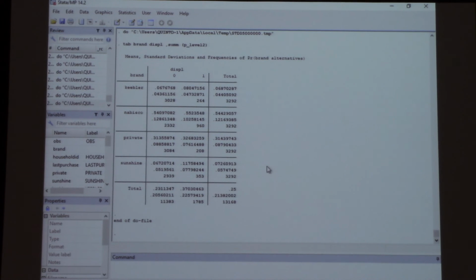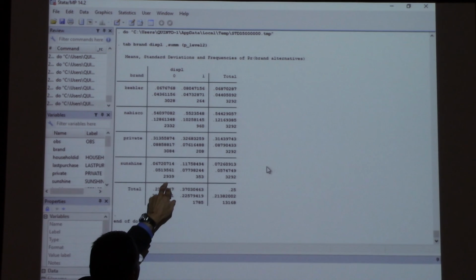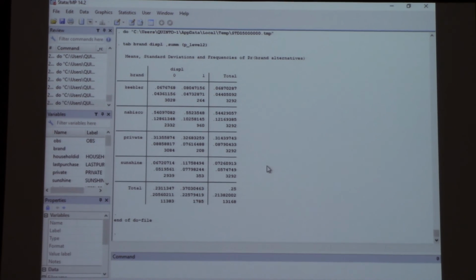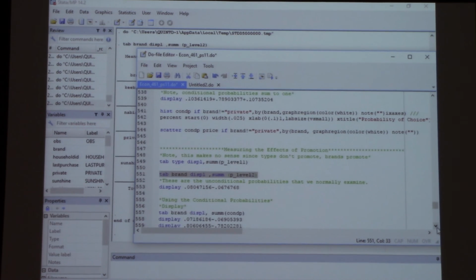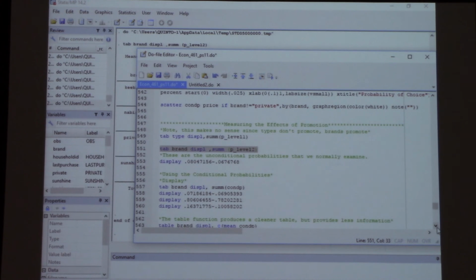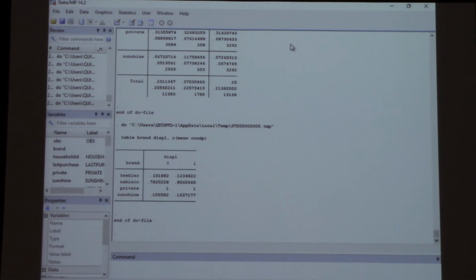And one of the reasons I like this tab is that you get a little bit more information, right? You've got sample size here of both the yes and the no's, and it looks like you've got the standard error. But if you wanted a more compact version, we could have just done table. Table's going to give us a more compact version that we could, for example, pull out of here and put into Excel.